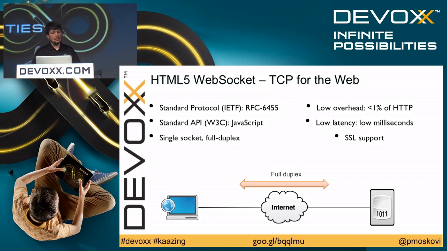The overhead can be extremely big when you are doing HTTP. And as you have seen in the demonstrations, the latency characteristics can be very low, and very much like HTTP, WebSocket has a TLS tunneling capability, so the WebSocket protocol has a counterpart, WebSocket Secure, WSS.